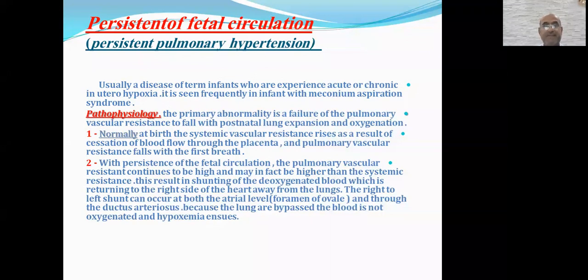The same meaning. It is usually a disease of term infants who are experiencing acute or chronic in utero asphyxia. We see it frequently in infants with meconium aspiration syndrome.